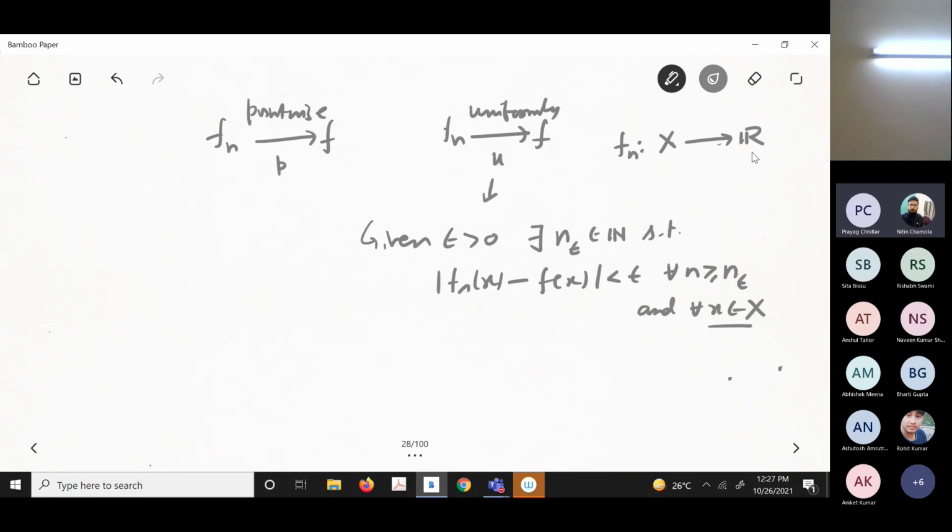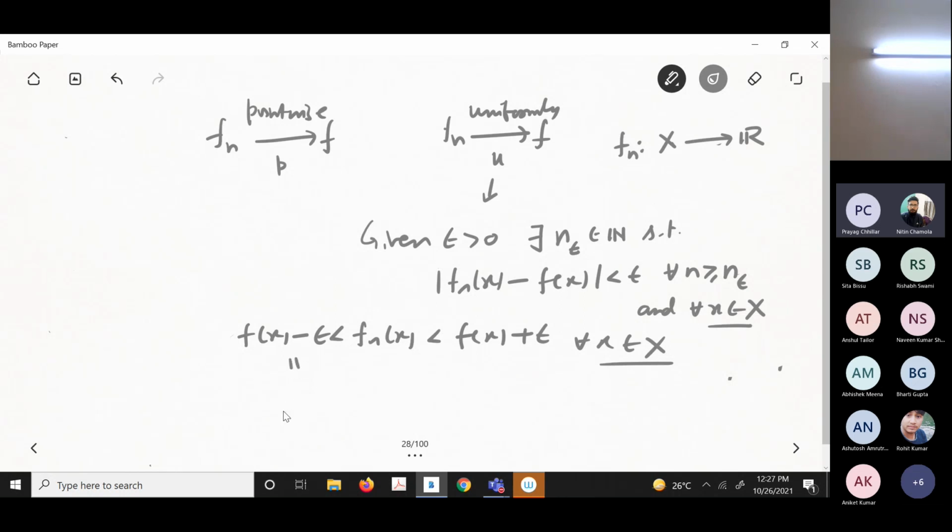Now look here. It means what? It means we are getting f_n(x) less than f(x) plus epsilon and greater than f(x) minus epsilon for all x belonging to X. That means given epsilon, you take two functions.